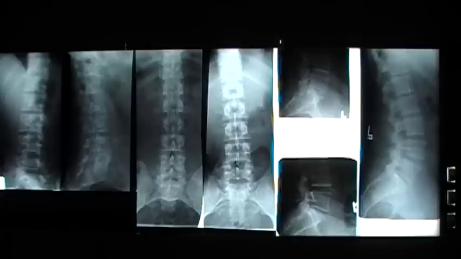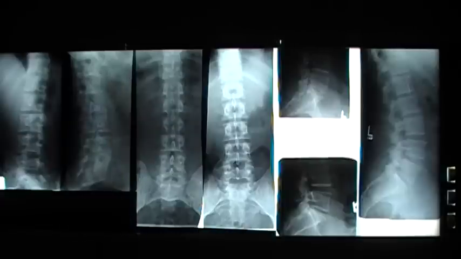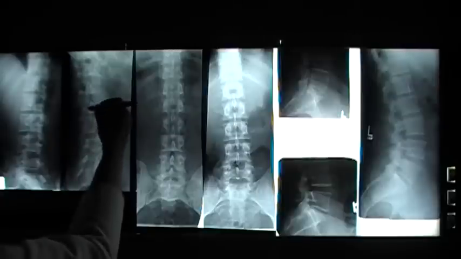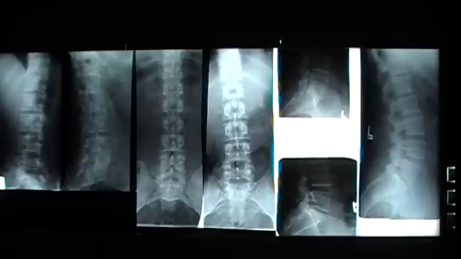Whenever there's a dark density in this area here, that's an indication the bone is not intact, so there's a pars defect. So this is called our pars interarticularis that the doctor's evaluating to look for that defect.